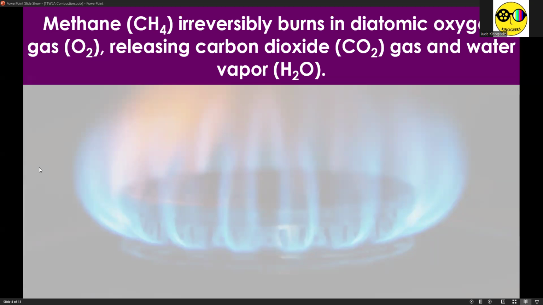So according to the problem, the reaction is considered irreversible, so we're going to use the arrow to the right. And you have no catalyst, but you need the presence of the triangle symbol because methane is burned with diatomic oxygen. And speaking of methane and diatomic oxygen gas, they are the reactants in this equation.